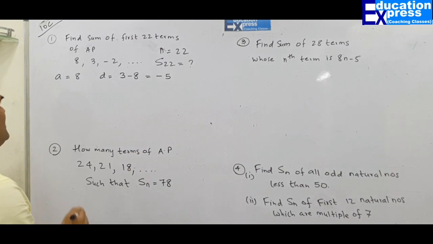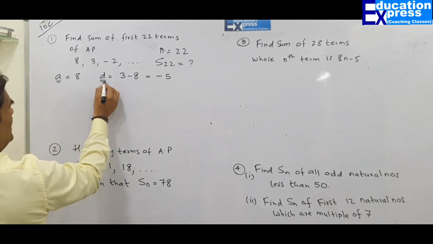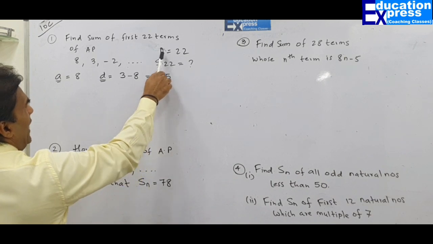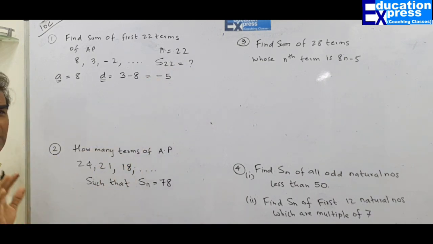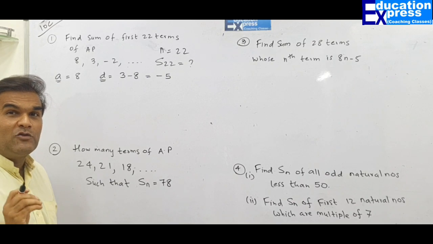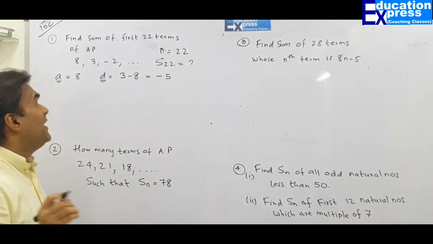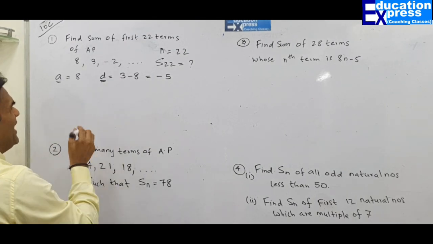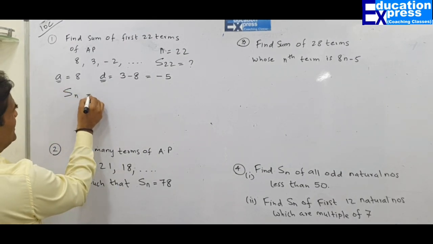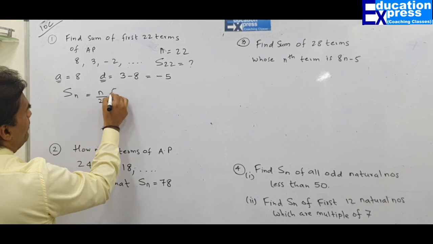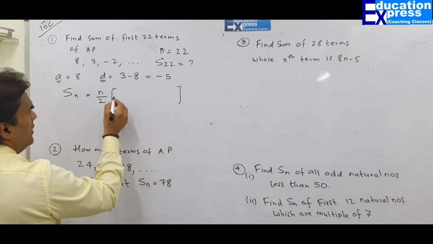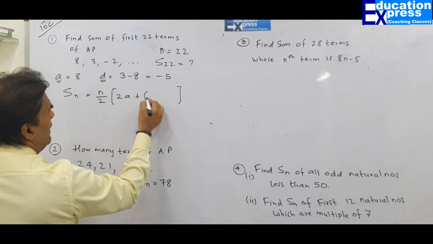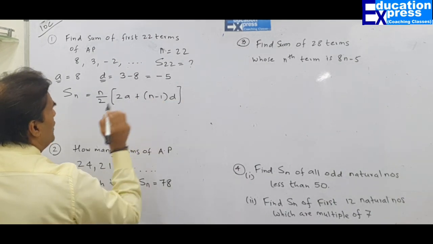So my dear friends, A is available, D is available, and I have to find S22. N is also available. All three parameters needed for solving the question are available. Remember the word sum. Only in case of sum we use Sn. What is the formula? Sn equals n upon 2, square bracket, 2a plus (n minus 1) into d.